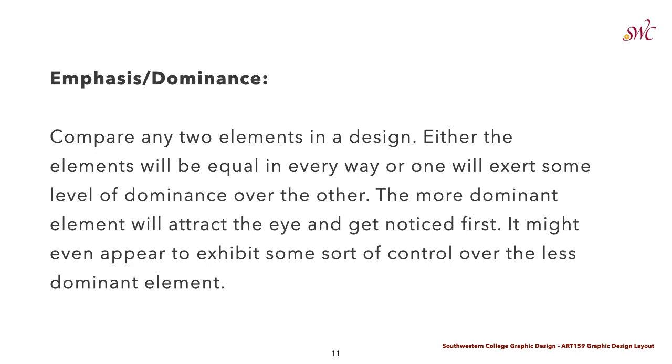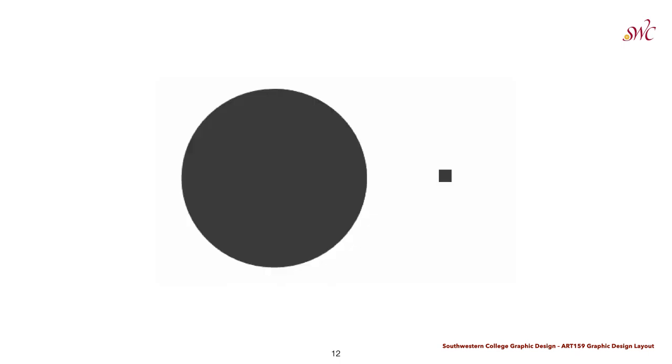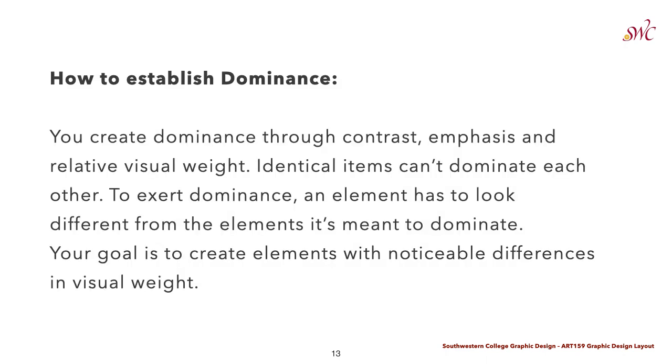So it might even appear to exhibit some sort of control over the less dominant elements within the composition. The more dominant element likely has greater visual weight than the element it dominates, and it will again seem to exert a force around that additional element. And we can use different principles and elements of design to execute this emphasis and focal points within different designs.